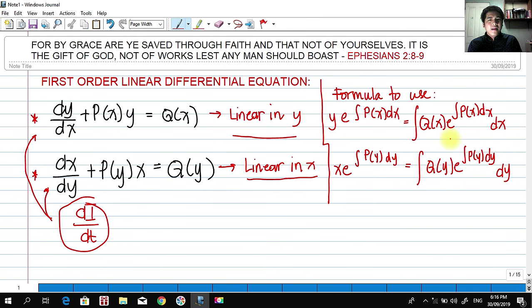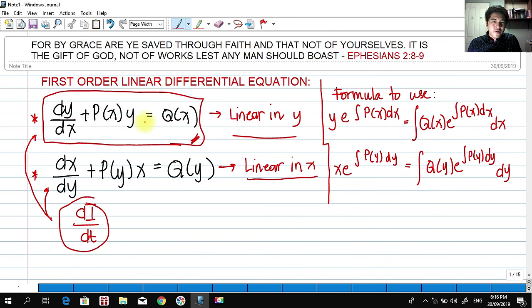So, in solving linear DEs, it is important to memorize this form, or at least familiarize ourselves with how we are going to reduce the DE to this form. Definitely, in order for you to solve a linear DE, you have to put the DE in this form.